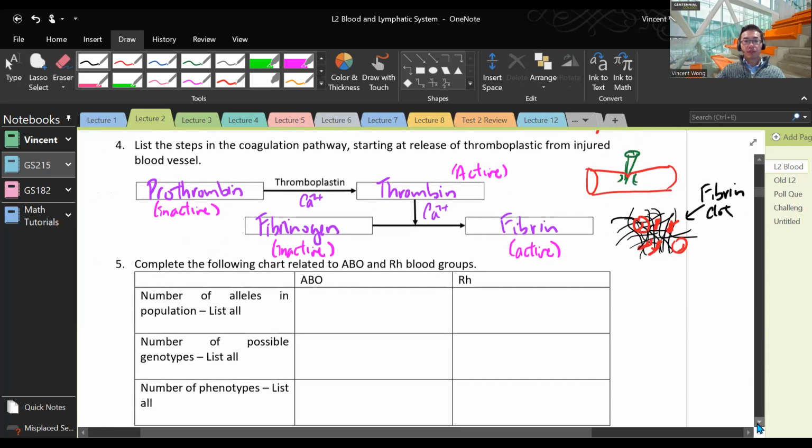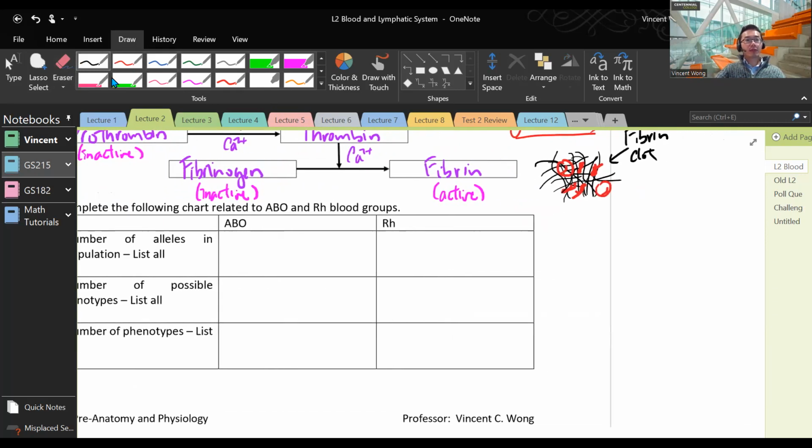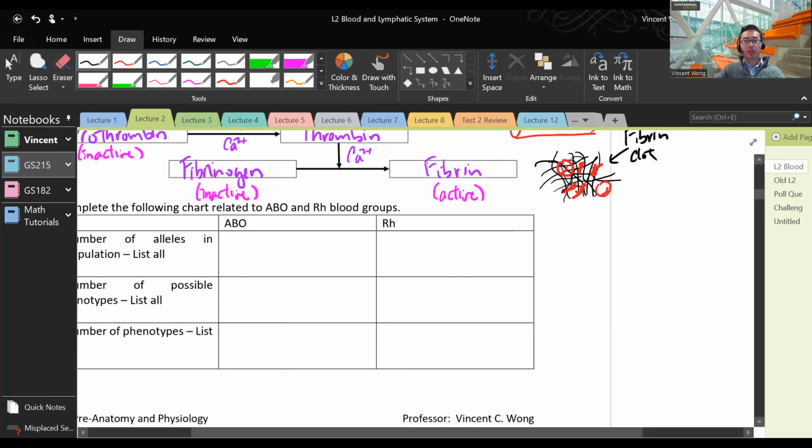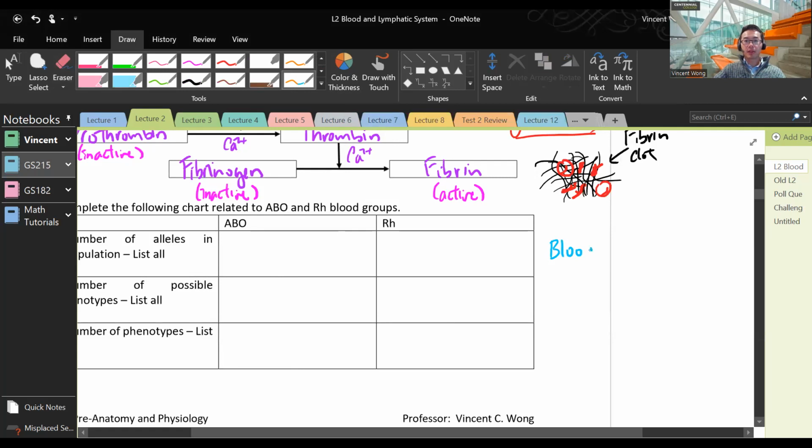Complete the following chart related to ABO and RH blood group. Let me just quickly refresh your memory about what blood groups are. Does anybody want to tell me, based on their understanding, what exactly are blood groups?